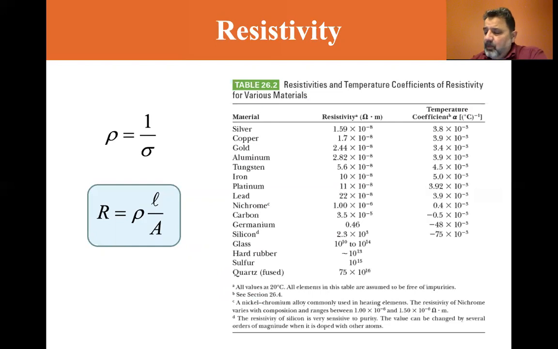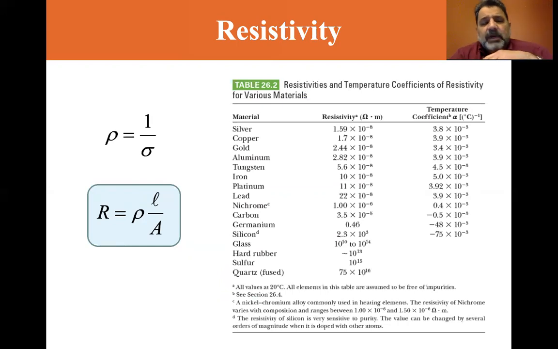Remember when we had the formula for the capacitor, C equals epsilon 0 times the area divided by the distance separating the plates, and I said that's an important formula to remember because it helps you visualize how to handle capacitors in series and capacitors in parallel. It helps you remember how to come up with the C equivalent.